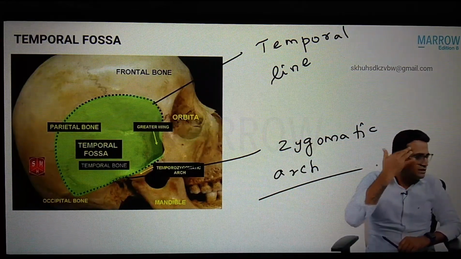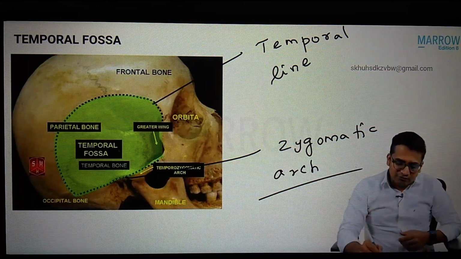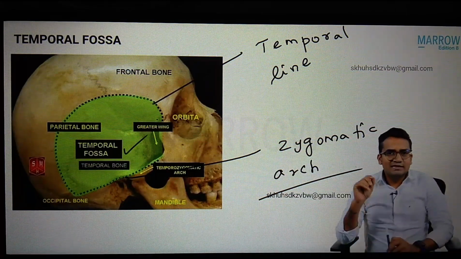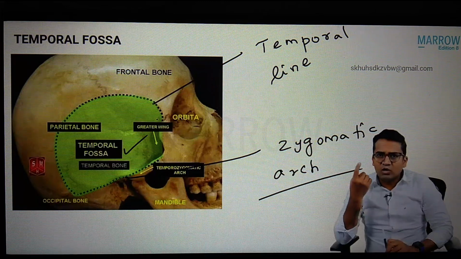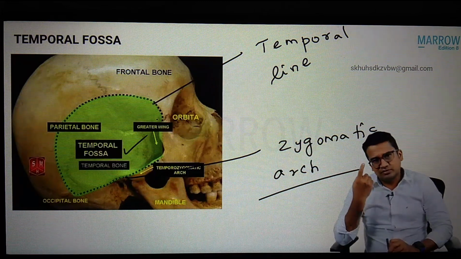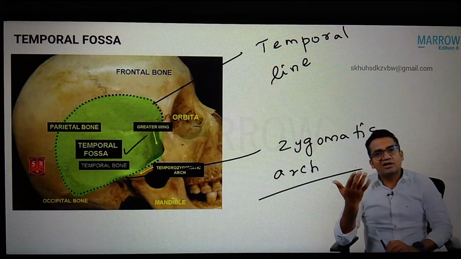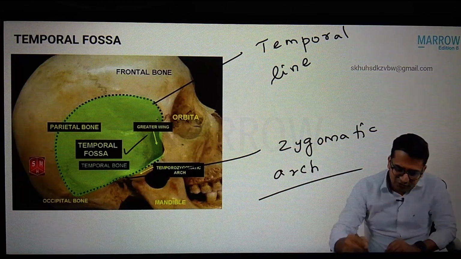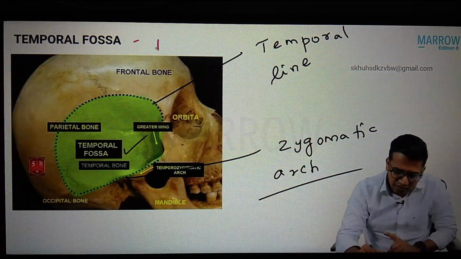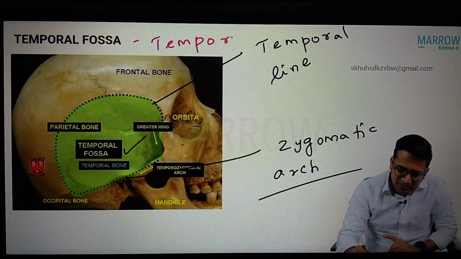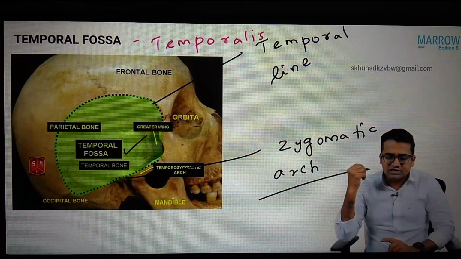That fossa is called the temporal fossa. In the temporal fossa, only one muscle takes origin, and that muscle is our temporalis muscle.